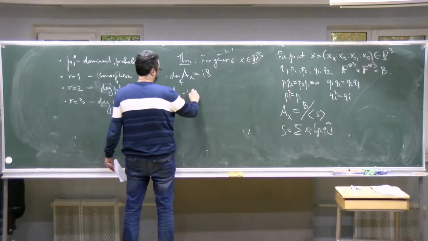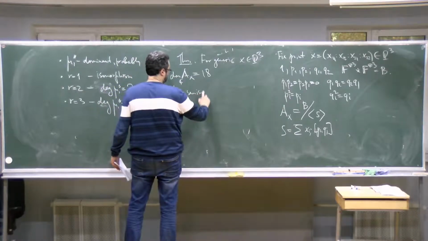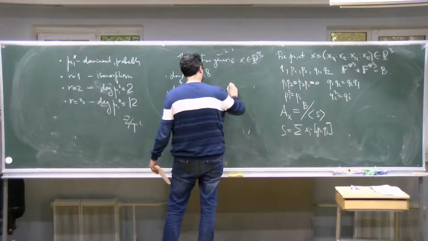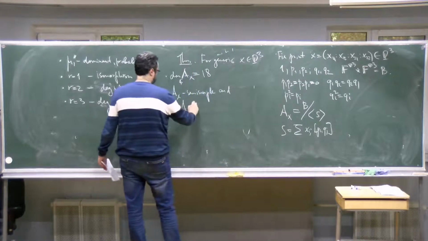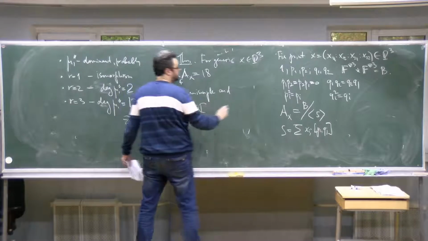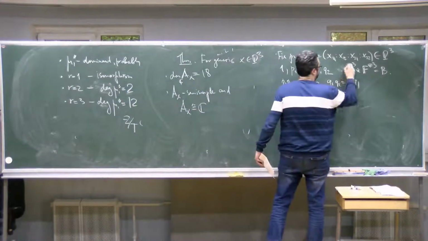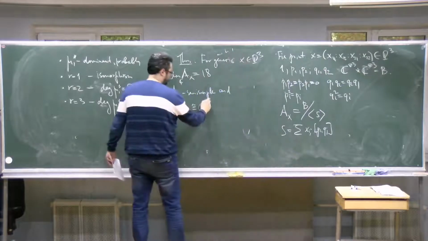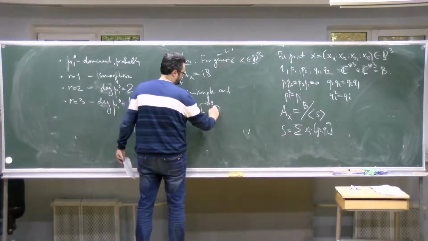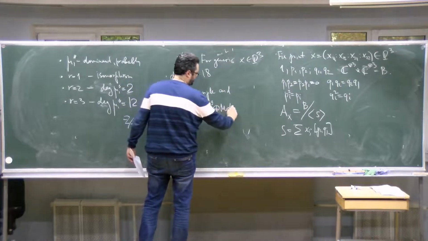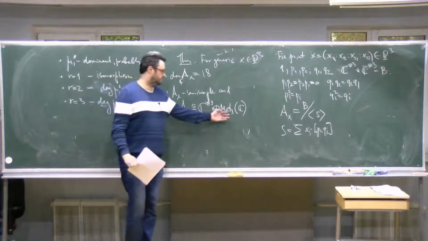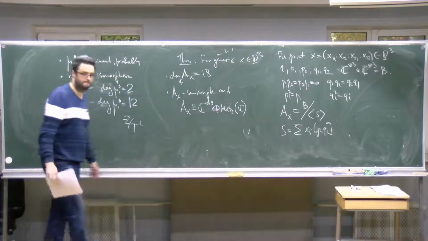AX is semi-simple, and AX is isomorphic to C plus 9 plus the algebra of matrices 3 by 3 over C.